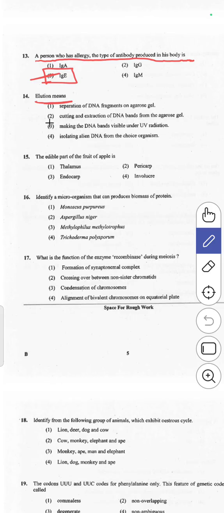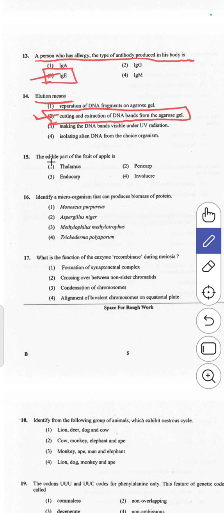So here they have given, that is B, cutting and extraction of DNA bands from agarose gel. So this answer is the right one. So elution means we cut the DNA and also we extract the DNA bands from the agarose gel. So this process is called elution. For 14th, B is the right answer.